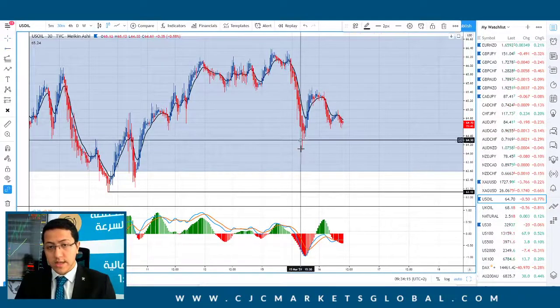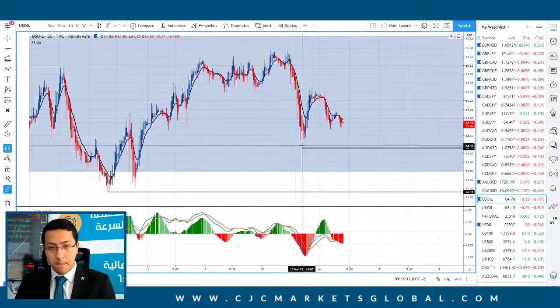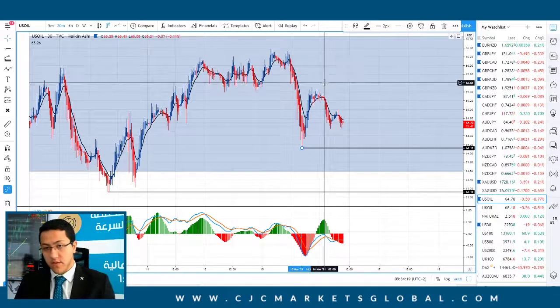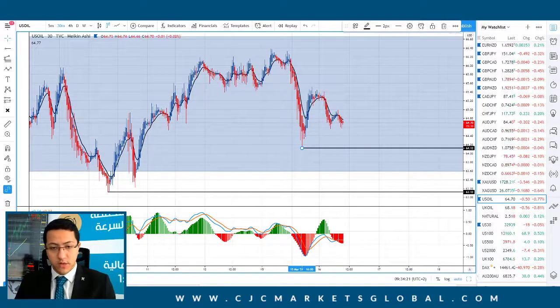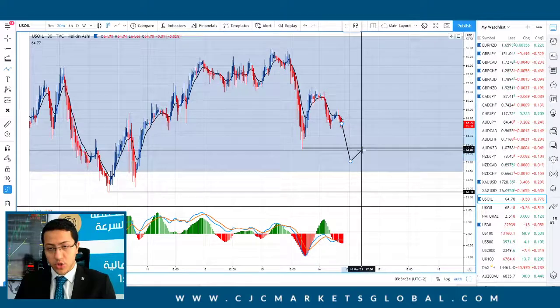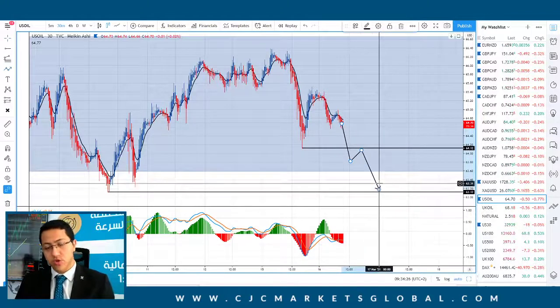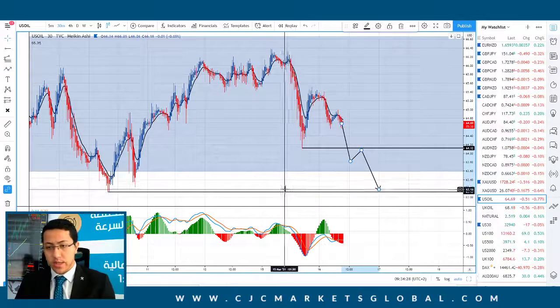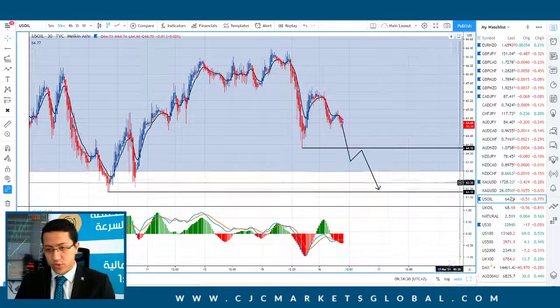We're also having this key level of 64.12. Any confirmed break below 64.12 on the US crude oil, we should be heading lower to 63.12, and that's for the crude oil.